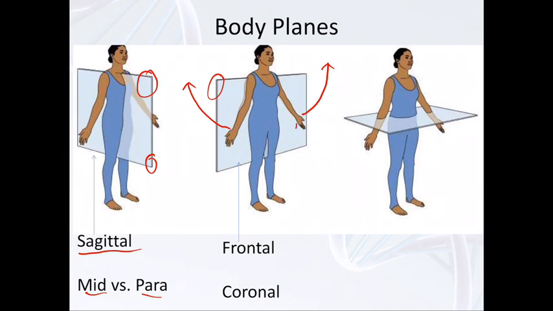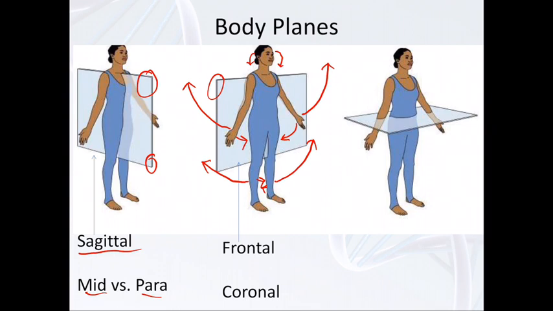It could be the same thing with the hip coming out this way into hip abduction, or coming back, hip adduction. We could also think about moving the head to the side, like if you try to take your ear and touch your shoulder, straight down. That would be a frontal plane movement. This is also known as the coronal plane.